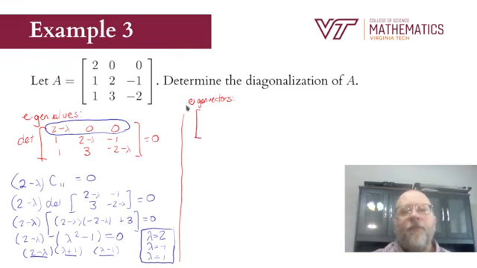When lambda equals 2, 2 minus 2 is 0, so the top row becomes all zeros. 1, 2 minus 2 is 0. And negative 2 minus 2 is negative 4. This time we're going to have to do a little bit of row reduction here. I'm going to bring the 1, 0, negative 1 to the top row.